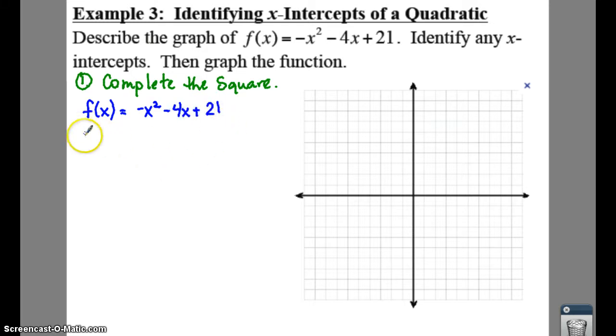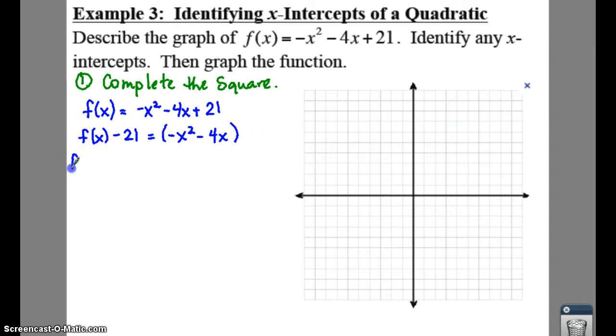And we need to move the 21 to the left. So we're going to say f of x minus 21 equals negative x squared minus 4x left over here. Now we are going to need to complete the square.